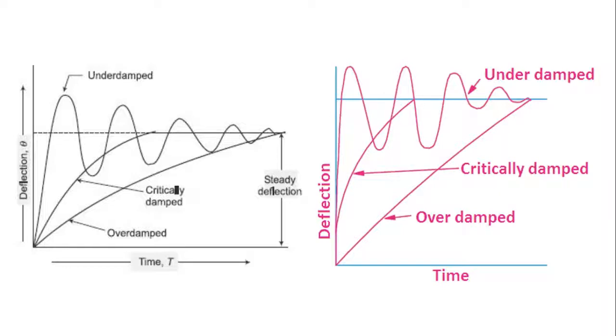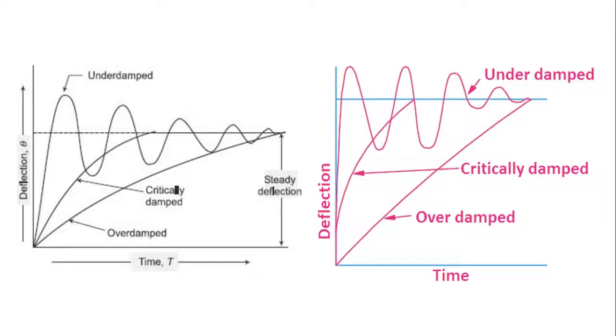So in the description of the various types of instrument, detailed mathematical expressions are required, and the damping torques are taken into consideration. There are various types of system, that is underdamped, overdamped and critically damped.